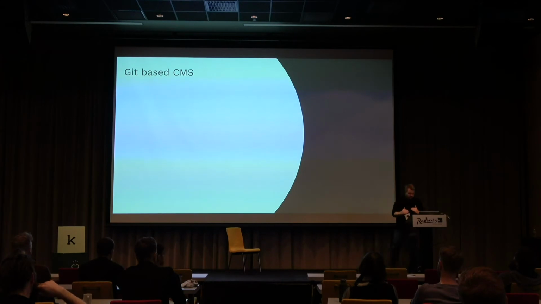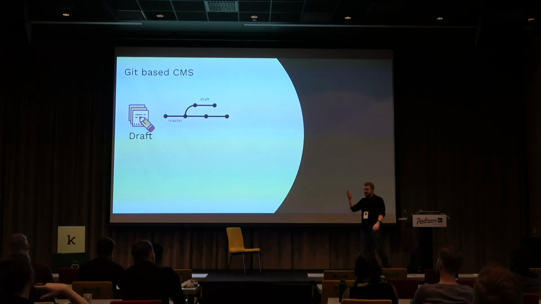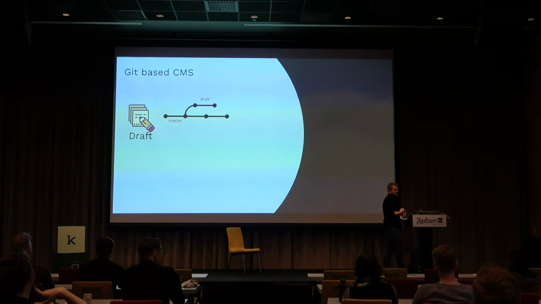So the most popular one probably is Netlify CMS, which is an open source project. And what it does, for example, if you wanted to create a draft, it just creates a branch, right? So it creates a branch called draft or whatever, and pushes the content to that branch. And that means that your build actually won't be triggered, so it won't be public-facing, because your build obviously only triggers when you push to master.